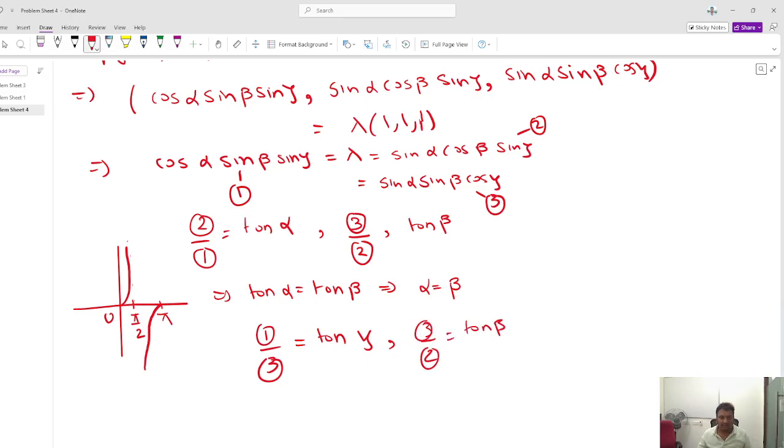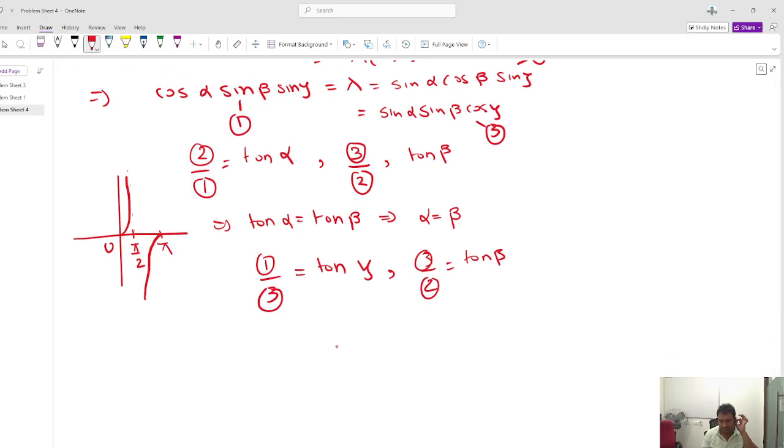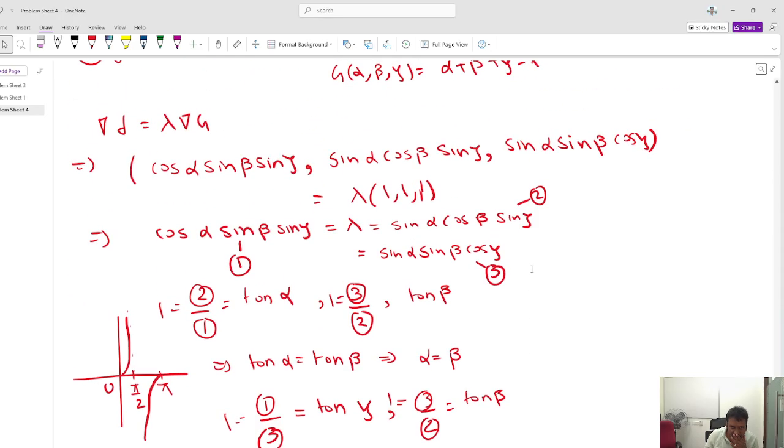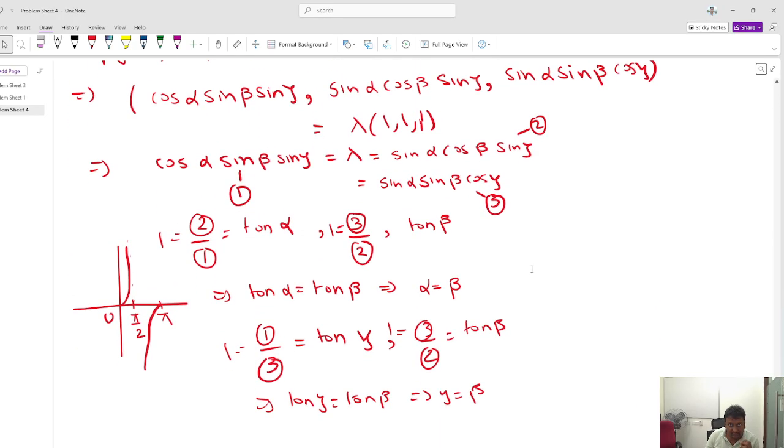Now, with the same logic as above, these all are equal, right? Why? Because these are all one-one, since all are equal to lambda. So tan gamma equals tan beta. This implies gamma is the same as beta. So alpha, beta, gamma are the same, right? So what will be your alpha, beta, gamma?